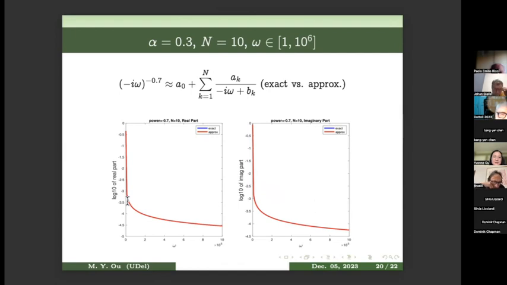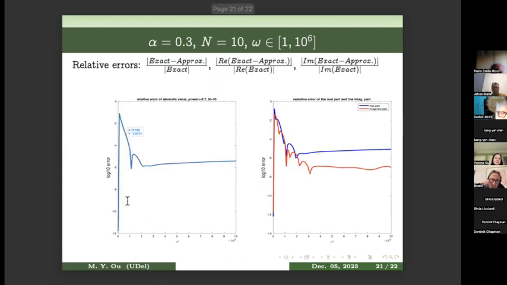So now, to have a clearer estimate of my error, I plotted the relative error. I take the difference divided by the magnitude of the exact. On the left panel is this one.